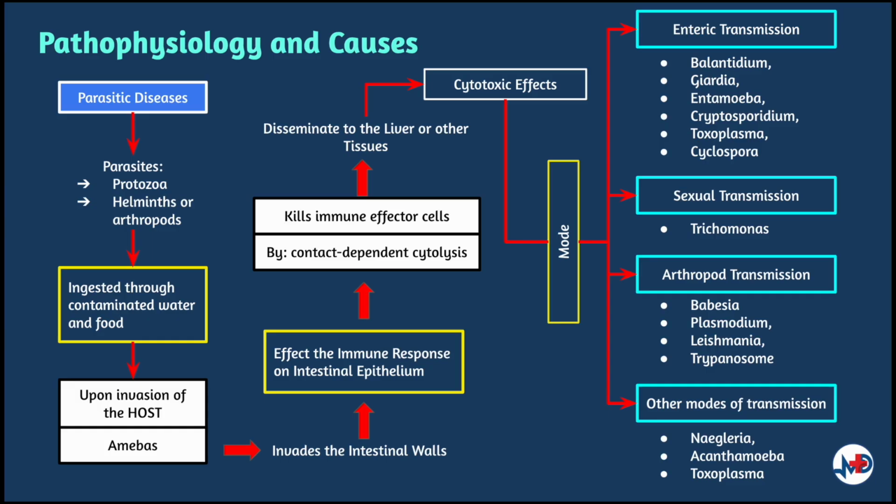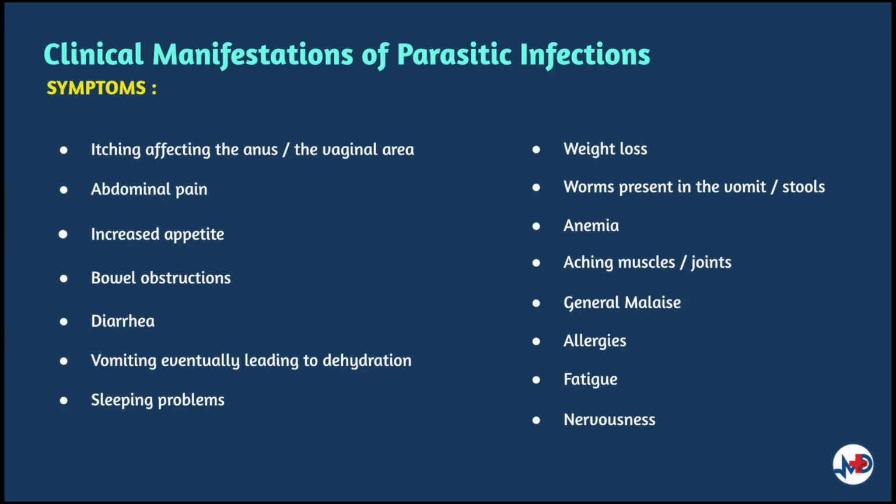Next would be sexual transmission, such as caused by Trichomonas, and arthropod transmission, such as Babesiosis, Plasmodium, Leishmania, and Trypanosoma. Other modes of transmission include Entamoeba and Toxoplasma, while Toxoplasma is the only pathogenic fecal-oral transmitted protozoa that has not been associated with gastroenteritis.